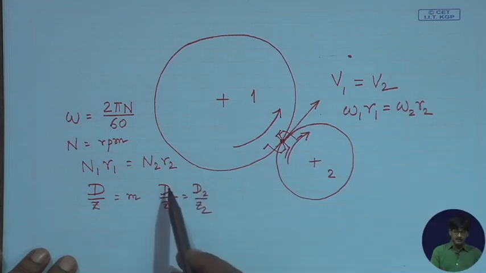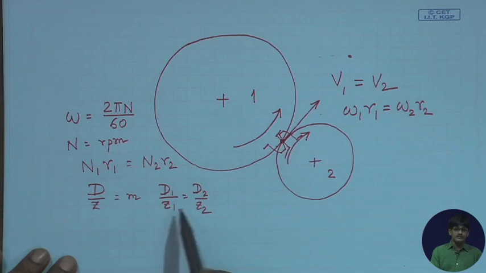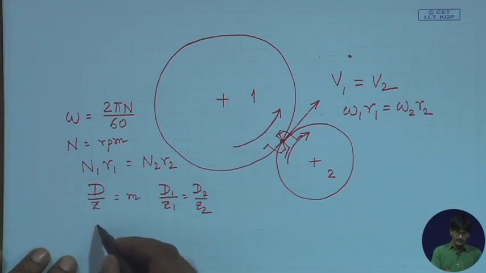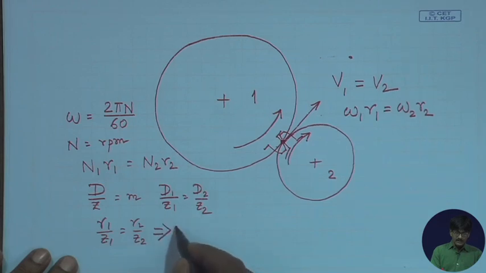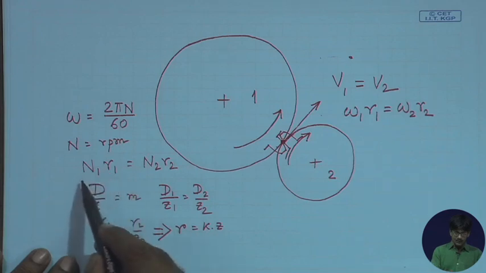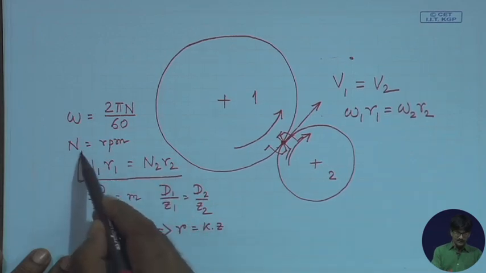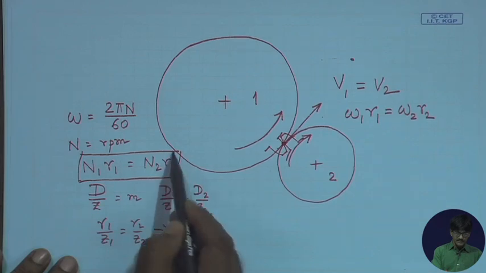Diameter of gear 1 divided by number of teeth of gear 1 is equal to diameter of gear 2 divided by number of teeth of gear 2, which essentially means we can also simply write R1 by Z1 is equal to R2 by Z2, which means R and Z are proportional. R is equal to K into Z.